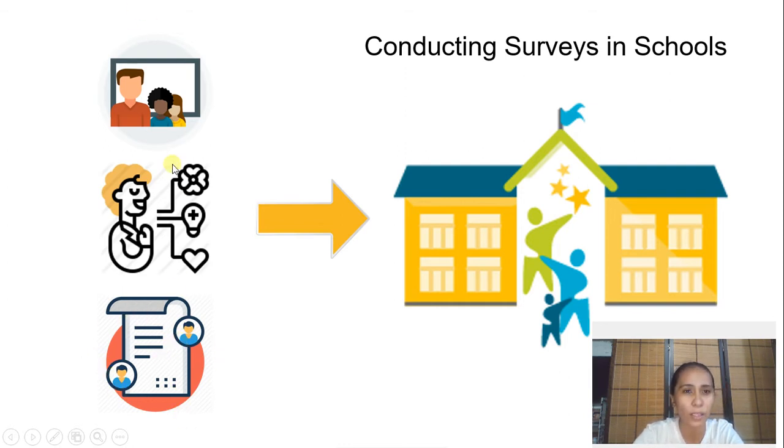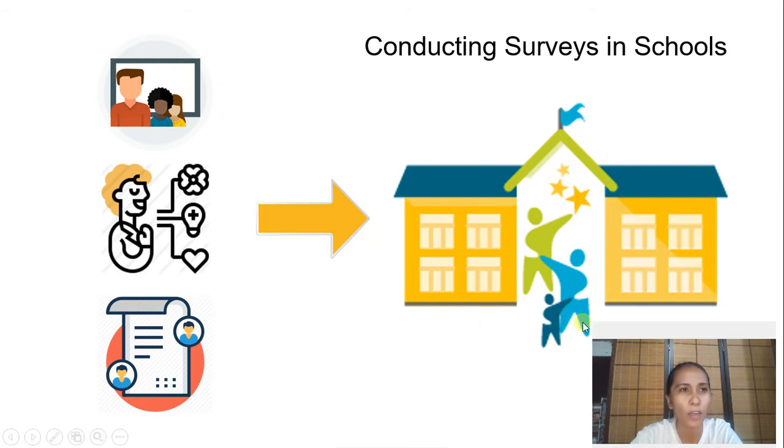And all of these, when we use surveys, or especially now online surveys, to gauge teacher effectiveness, to know the students' attitudes, wants, and needs, and their performance, it all boils down to the reason that we want to improve our systems and processes in schools.